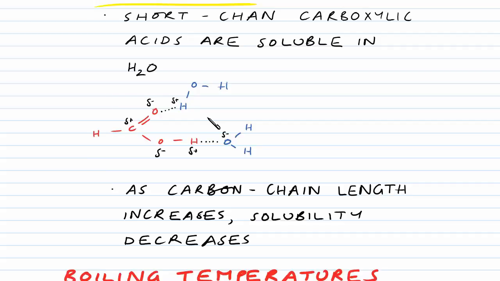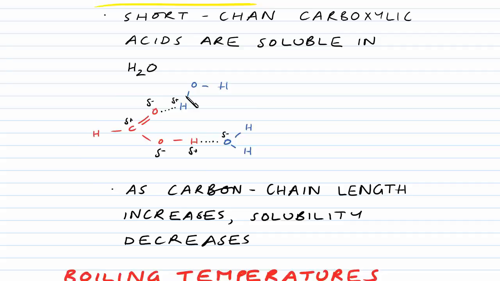Our carbonyl group has a difference in electronegativity, where the carbon is slightly positive and the oxygen is slightly negative, and our hydroxy group has a similar difference, with a slightly negative oxygen and a slightly positive hydrogen. So what we have is 3 polar bonds, and the presence of this OH group means that our carboxylic acids can actually form hydrogen bonds with water.